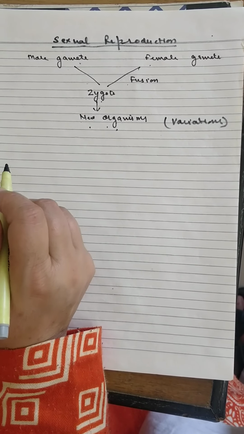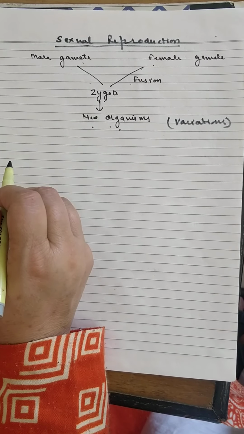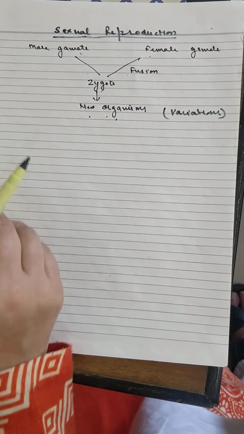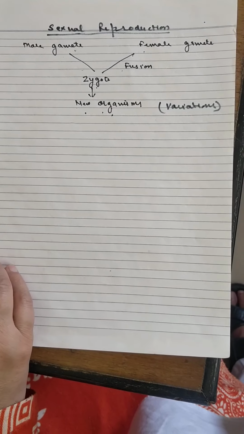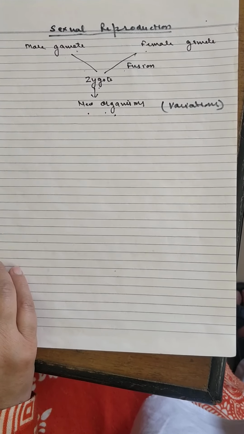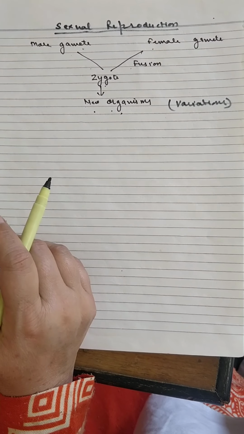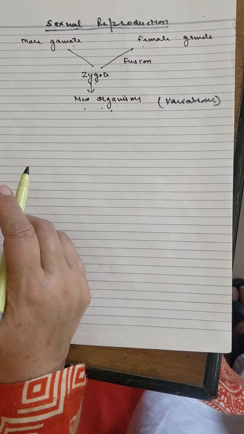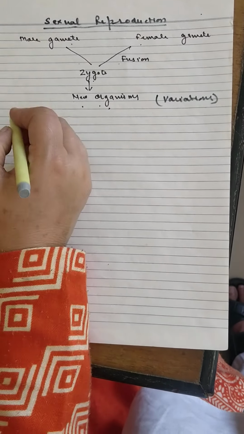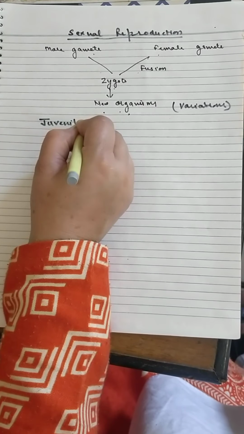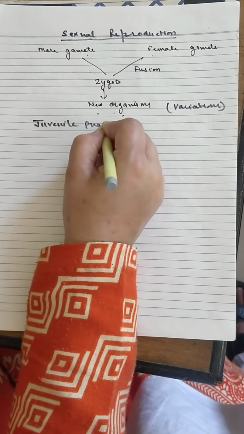There is great diversity in plants, animals and fungi, but the basic mode of sexual reproduction is the same in all. All organisms reach a certain stage of growth and maturity in their life before reproduction. This period of growth is known as the juvenile stage or juvenile phase.